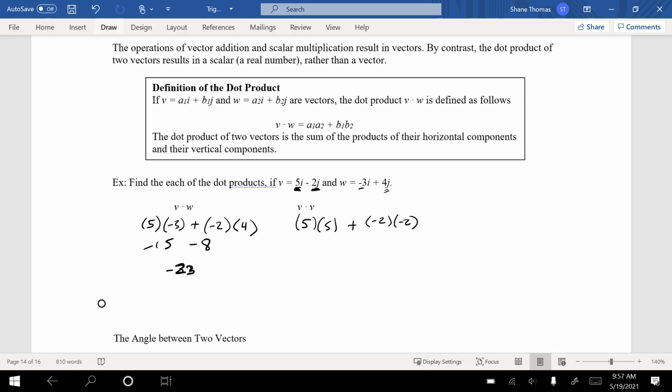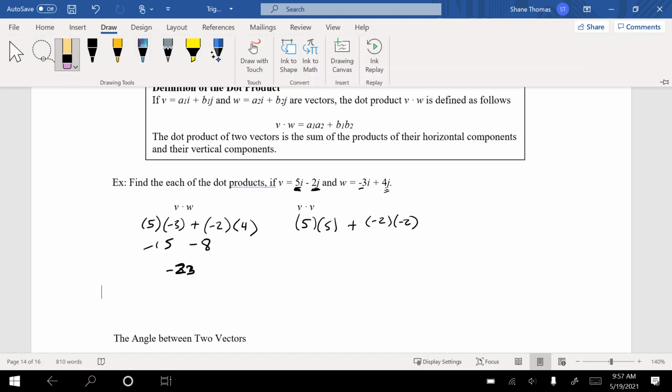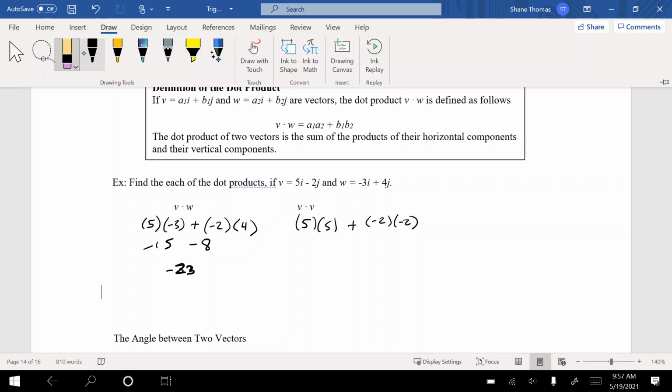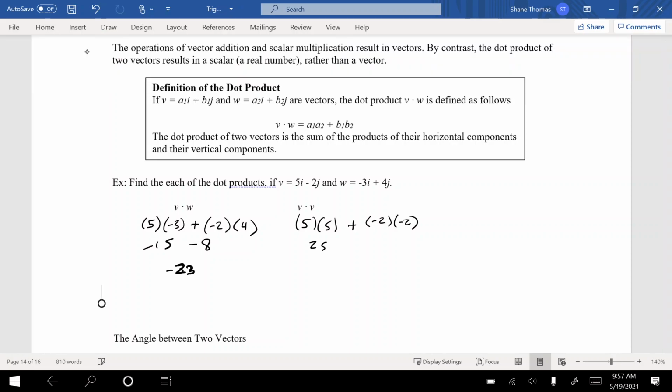You only use one, you only have one vector. Yeah, but it's both the same one. So what's 5 times 5? All right, what's -2 times -2? 4. 29.